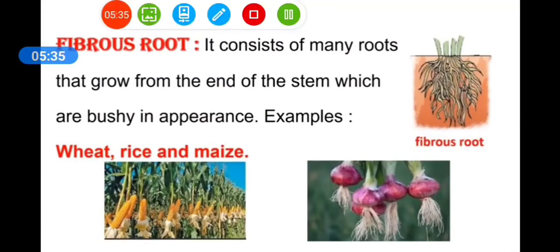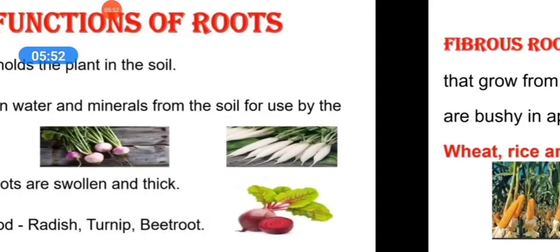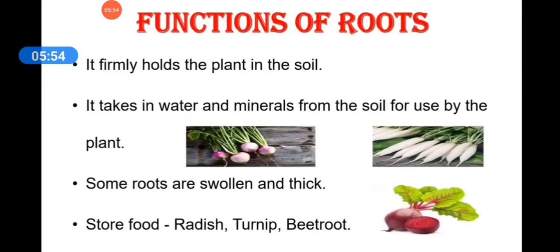Fibrous root consists of many roots that grow from the end of the stem, which are bushy in appearance. Examples: wheat, rice, maize, etc. Next, functions of roots.